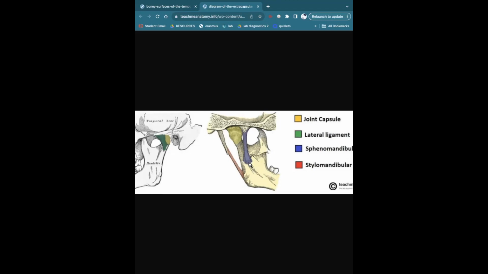And the function, before the function, it runs from the styloid process to the angle of mandible. The function is to support the weight of the jaw. Okay.